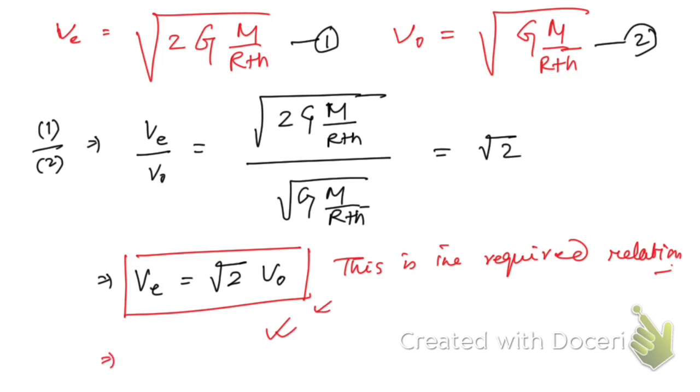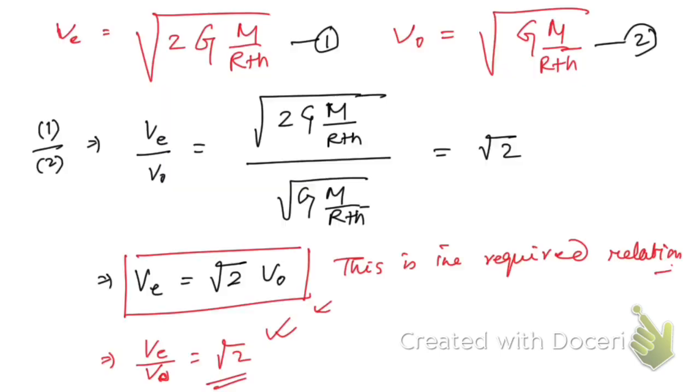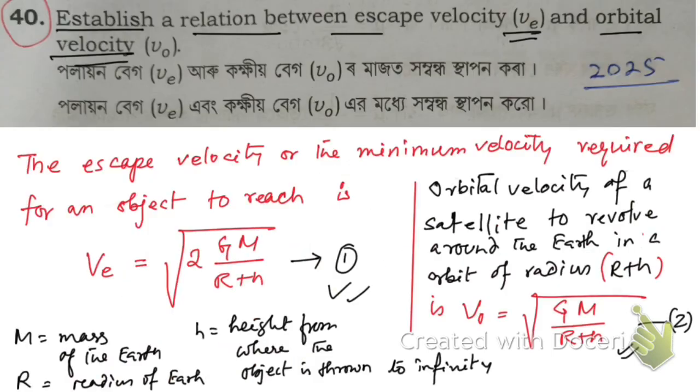So simply V_O by V_E is equal to 1 by root 2, and the ratio is root 2. That is what we need to show. Okay, same question, so hope you have understood this. Now let's move on to the next question. Before that, let me tell you this question was asked in 2024 and also in 2025, same question.